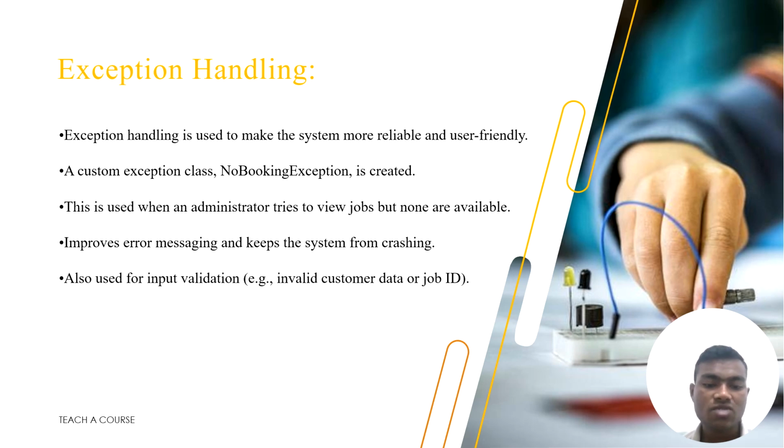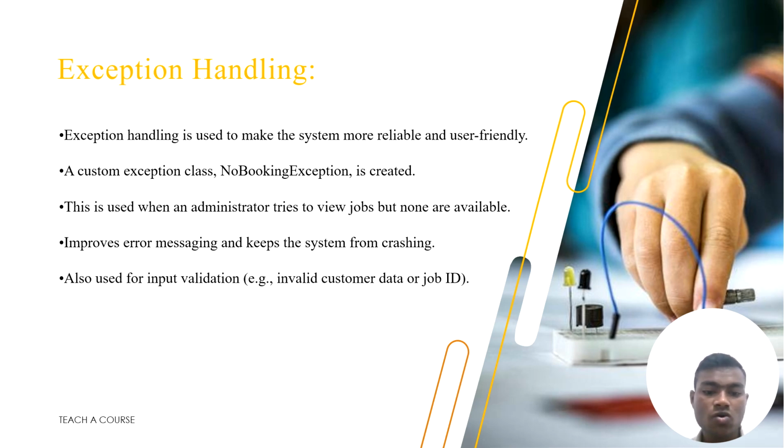Let's talk about the exception handling. Exception handling is another requirement part of the brief. I implemented built-in exceptions for input, output, invalid job IDs and empty fields for CLI interaction. For custom exception handling, I used a class called NoBookingException. This exception is thrown in situations such as when the administrator tries to view repair jobs but none exist, or a new customer tries to view repair status without a job.